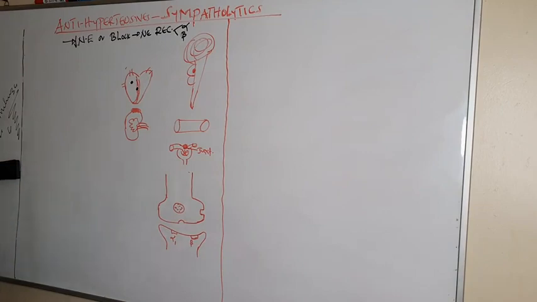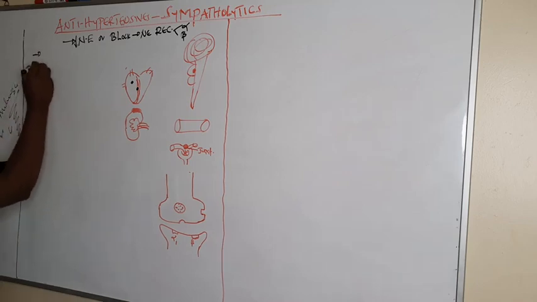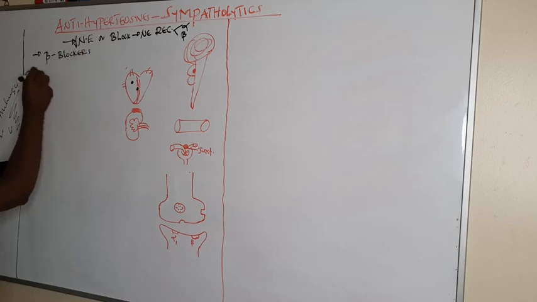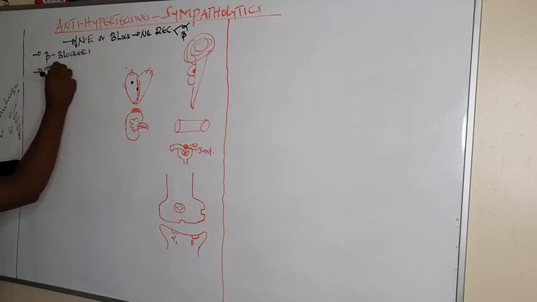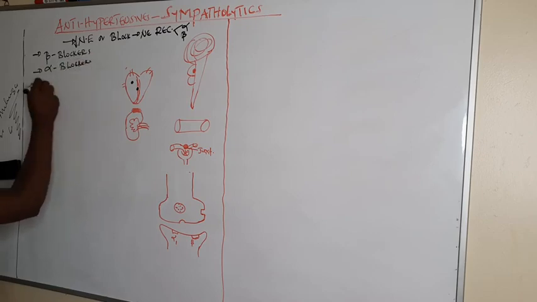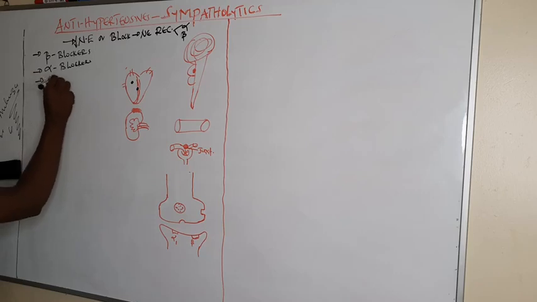And these sympatholytics are divided into three. We shall look at the beta blockers, beta adrenergic blockers. We are going to discuss the alpha blockers, and we shall look at the centrally acting sympatholytics.